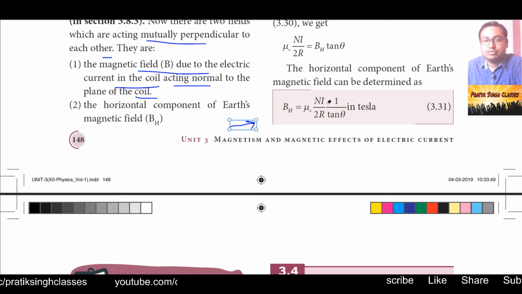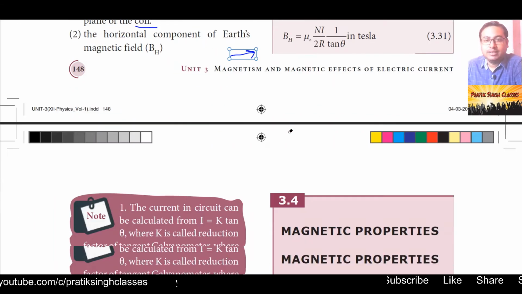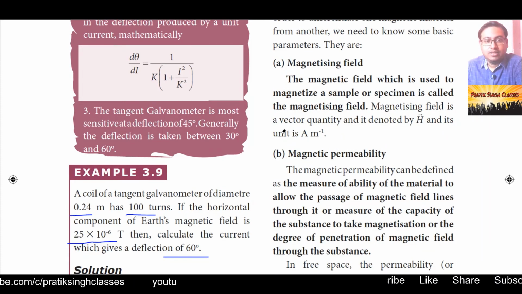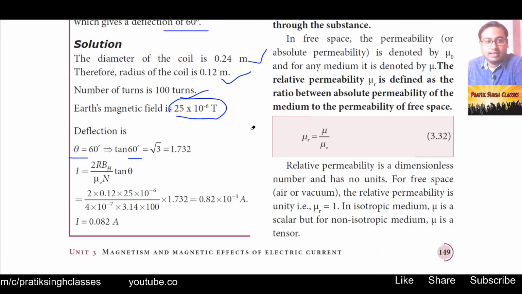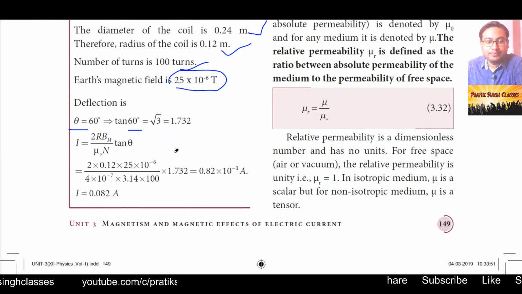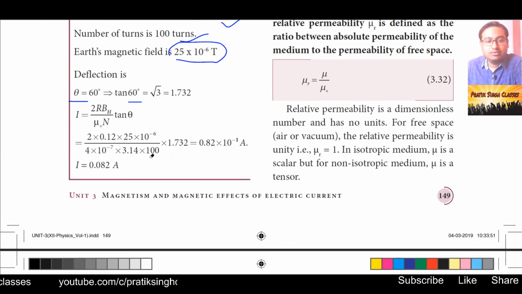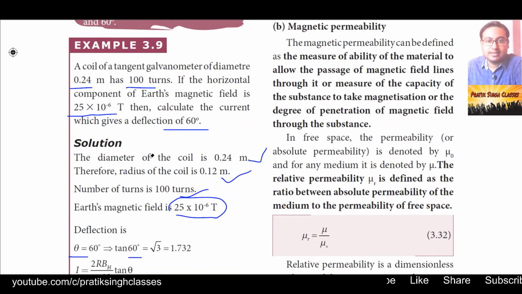So I will be equal to BH into 2R tan theta by mu naught N, as it is given here. Just substitute the values, you will get 0.082 amperes, as simple as that.